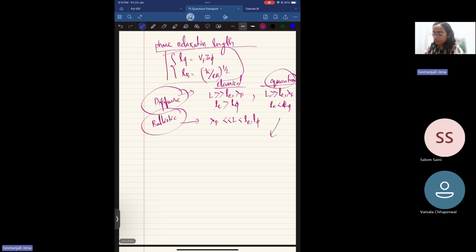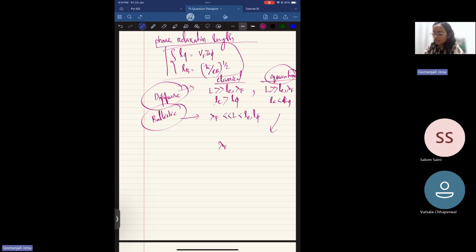But in the quantum regime, lambda F is approximately of the order of the device dimension, but the device dimension is less than L_E, the elastic mean free path, and L_phi. So this is the concept that we have seen in week one of the course, quantum transport. Now we'll solve the problems related to this concept.